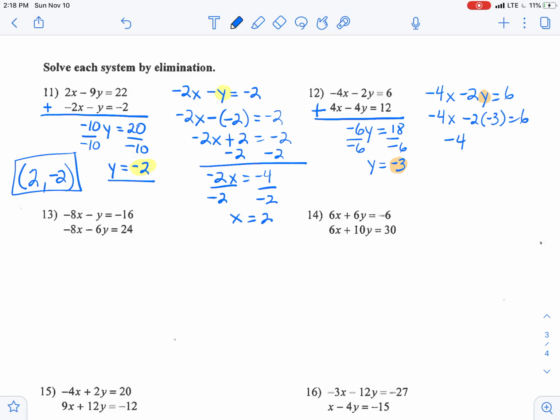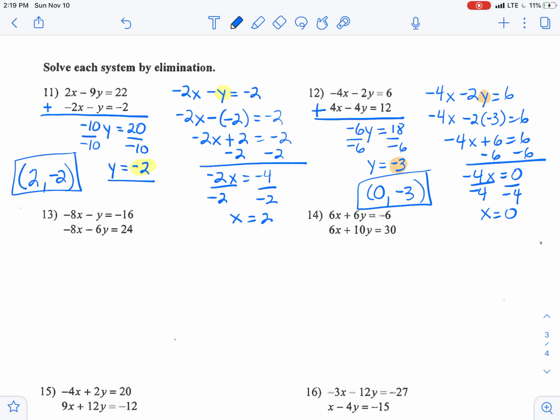So I get a negative 4x plus 6 equals 6. I'm going to minus my 6 over, so I get a negative 4x equals 0. Remember, if I divide 0 by anything, I get 0. And so my answer would be (x, y), and again, be sure you put it in that order. Okay, so that is the easiest elimination we're going to do.